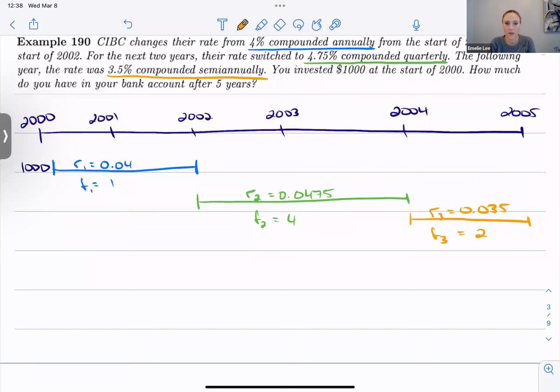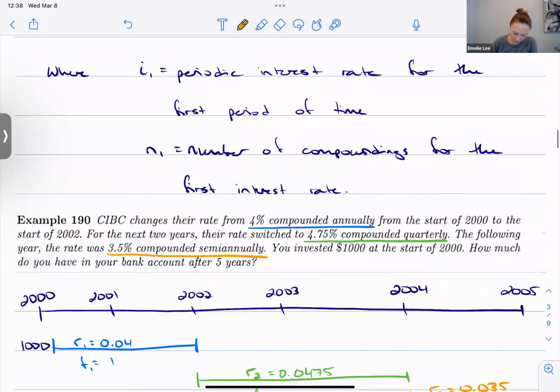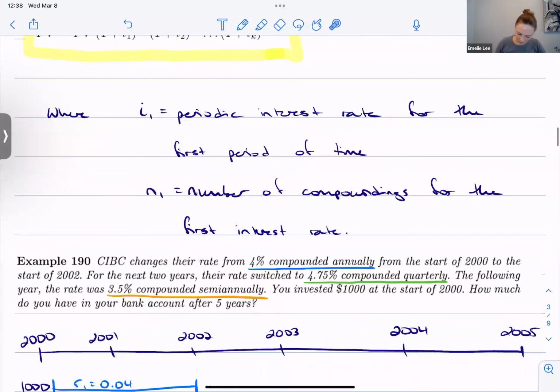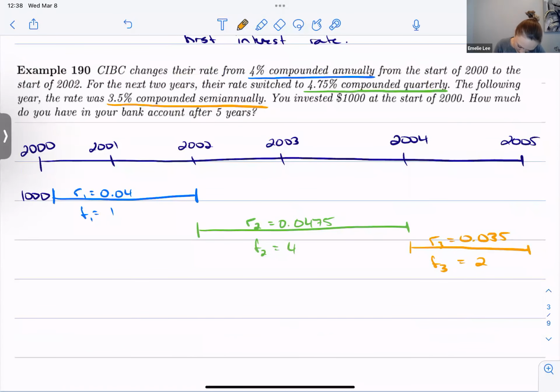Looking at our formula, if we scroll back to our formula, just as before, I don't need R, I need I, and I need N, right? I don't need T, I need N. So I guess we can add T. T1 is 2 years, 2000 to 2002.